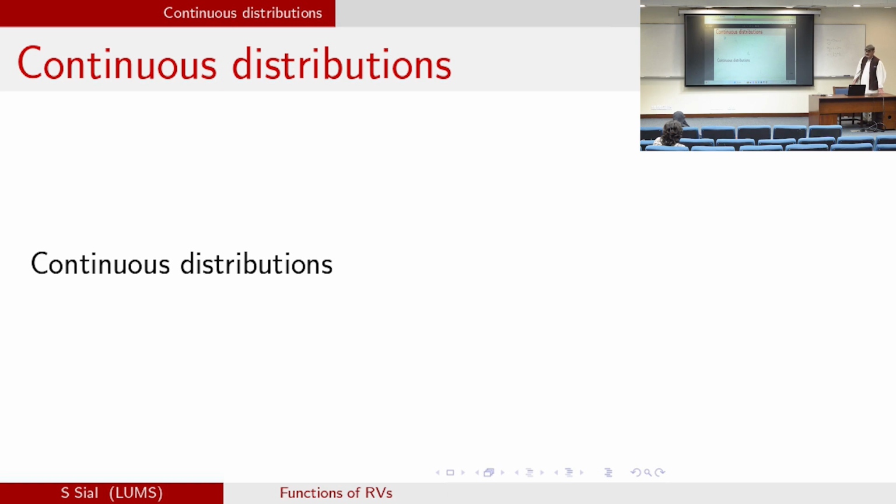Now we come to continuous distributions. If I have a continuous random variable X, it has a PDF, f sub X. And then if I have a random variable Y equal to a function of X, is there some way to go from the PDF for X to the PDF for Y?